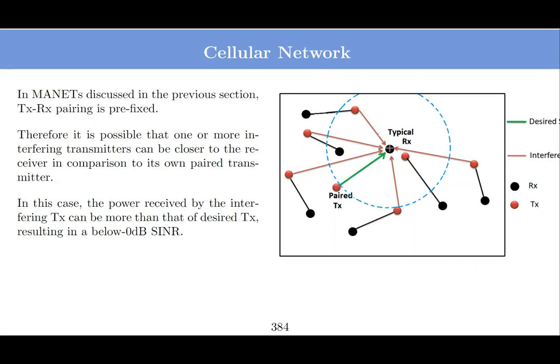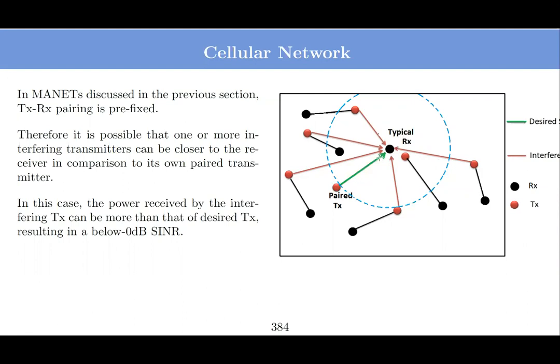So look at this, a typical receiver, and its pair is this one. It is transmitting, but since the pairing is fixed, there can be other pairs all across, and it may happen that the other pair's transmitter is actually closer to this receiver than its own pair transmitter.